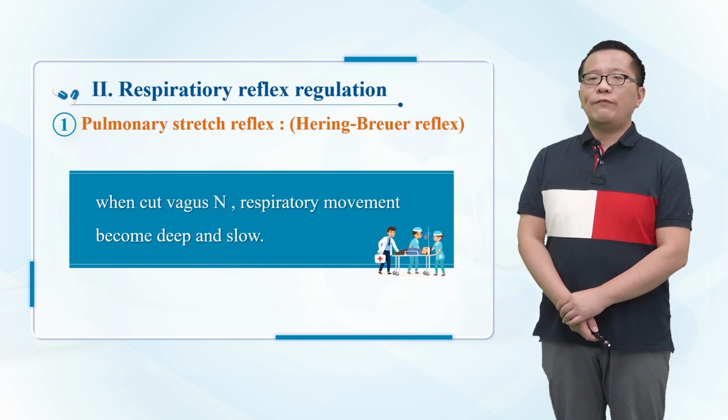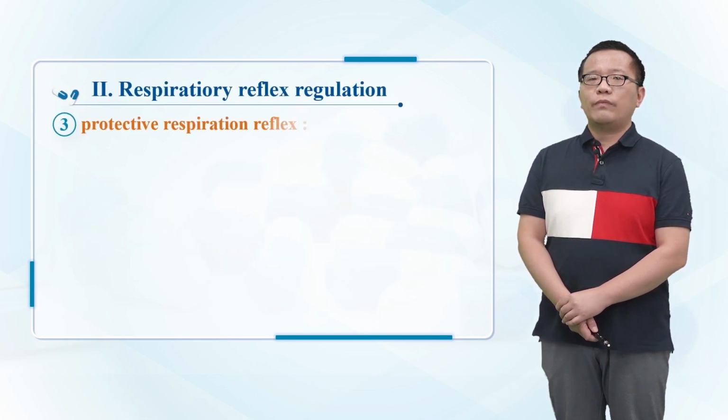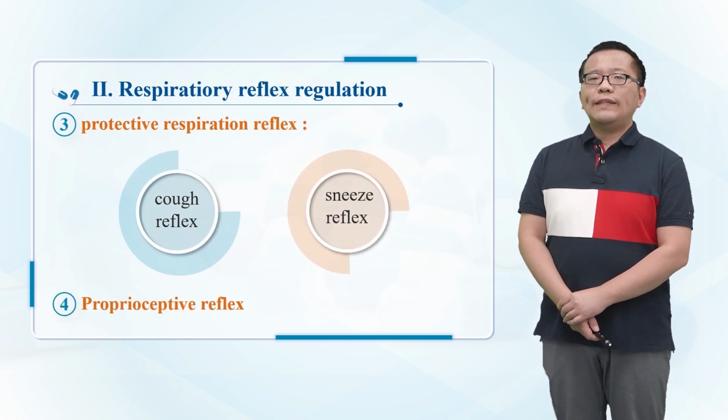Pulmonary stretch reflex: when the vagus nerve is cut, the respiratory movement becomes deep and slow. Protective respiratory reflexes include the cough reflex, sneeze reflex, and other receptive reflexes.